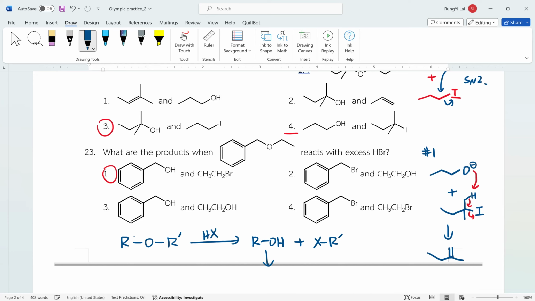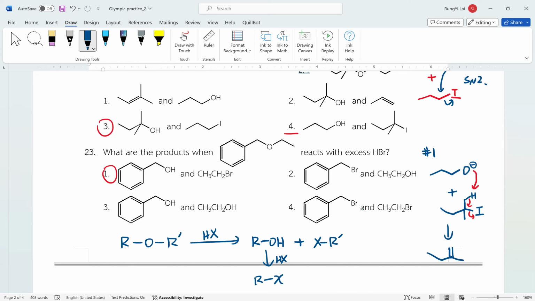And then this ROH will continue to react with HX, and it will become RX. Right. So if you think about that, you will choose number 4. If you choose number 4, that means you know something. Okay, but it's not correct yet.